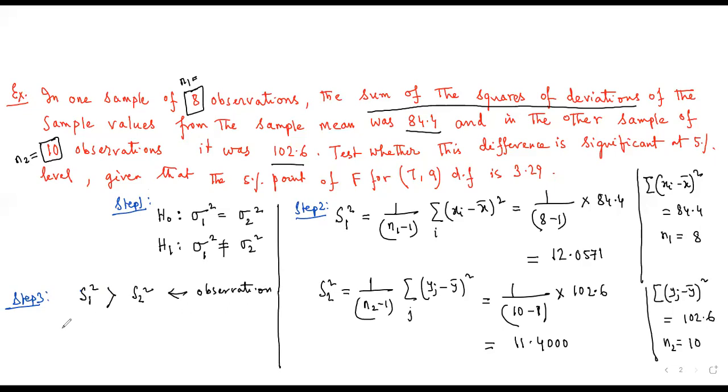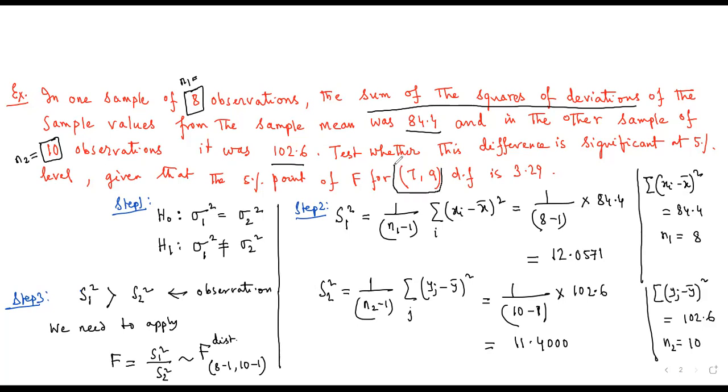So if it is so, we need to apply the F test statistic, which is S1 square by S2 square. It will follow the F distribution with degrees of freedom 8 minus 1 and 10 minus 1, that is, 7 and 9.